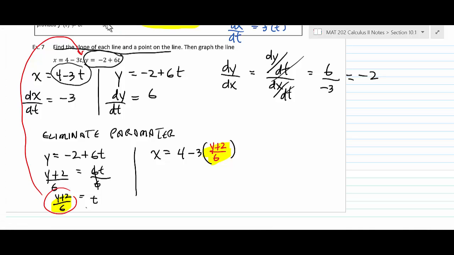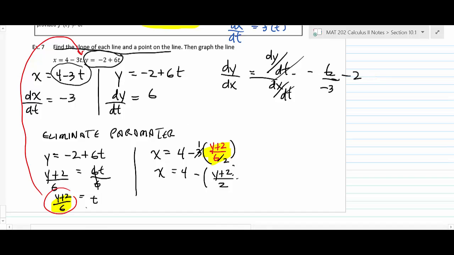Okay, notice that the 3 over 6 reduces to a half. So you've got x is equal to 4 minus, and then that would be parentheses y plus 2 over 2 like that. Now I'm going to solve this for y.